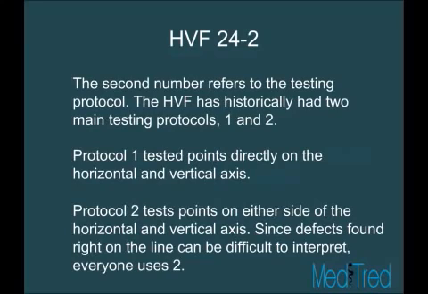The second number refers to the testing protocol. The Humphrey visual field historically has 2 testing protocols, Protocol 1 and 2. Protocol 1 tests points directly on the horizontal and vertical axes. Protocol 2 eliminates these points since they can be difficult to interpret, and Protocol 2 is more commonly used.